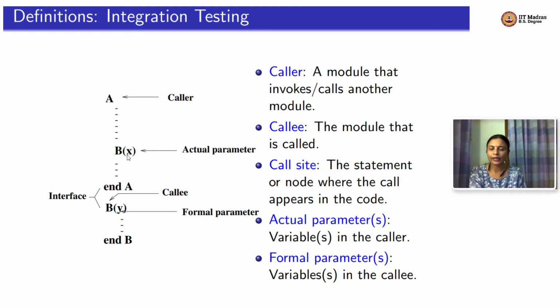In this example, X is an actual parameter. Formal parameters are the variables that are being used in the callee. So Y becomes the formal parameter here. These are terms that you have to remember when I do design integration testing: caller, callee, call site, and the parameters that are being passed. Actual parameters in the caller and formal parameters in the callee.